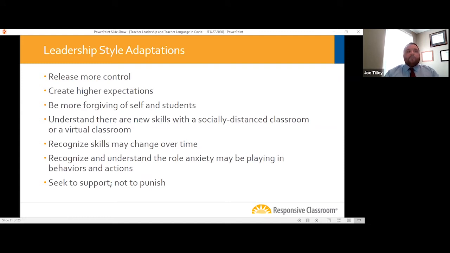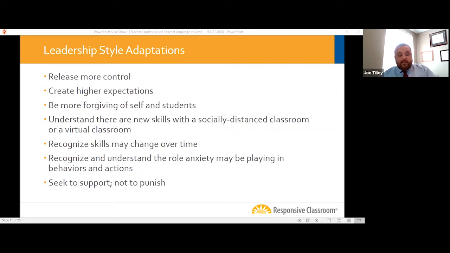And I do, again, just want to frame this whole conversation around this idea that we are creating an environment, even during this pandemic situation, we're still creating an environment that is equitable for all students. And so when we teach those skills, we model those skills, and we expect it, that is still being equitable for all students. Again, just being more forgiving of yourself and your students. Understand that things are going to happen, and that's okay.